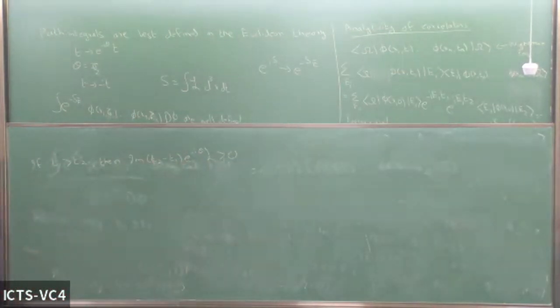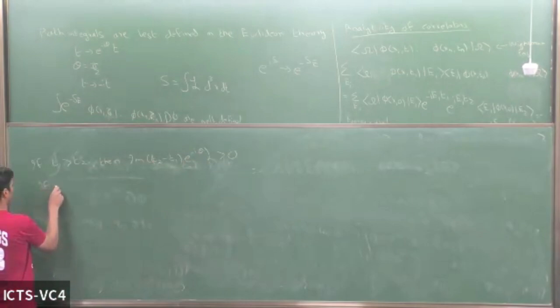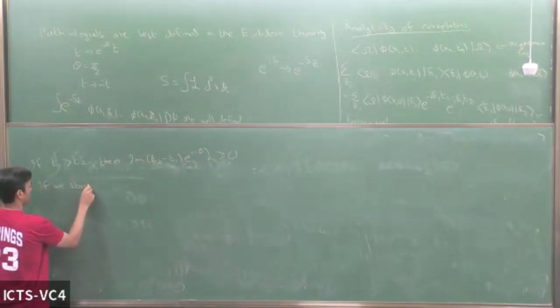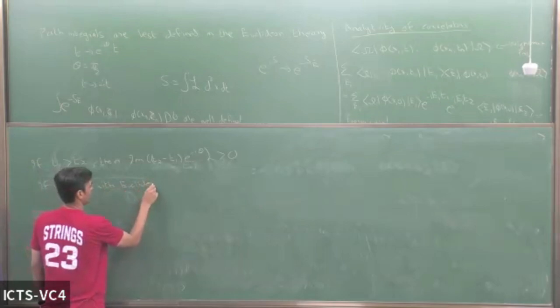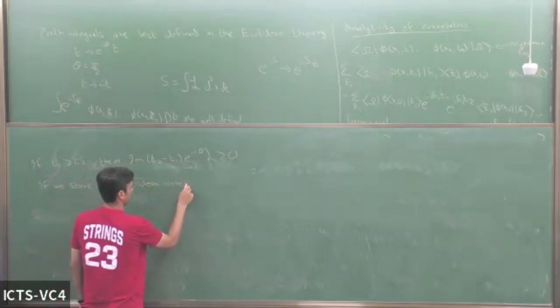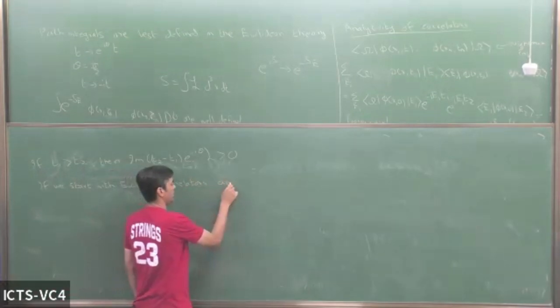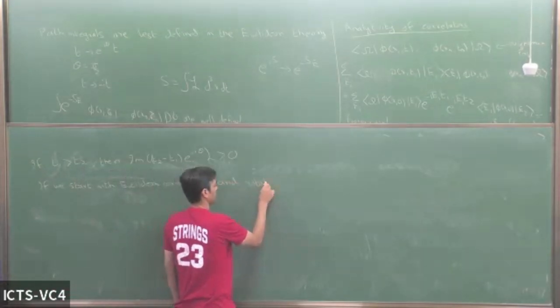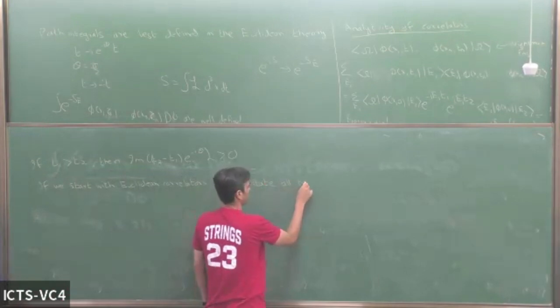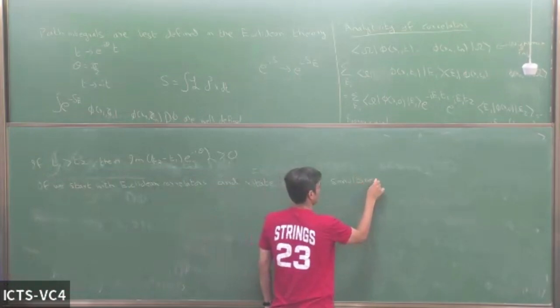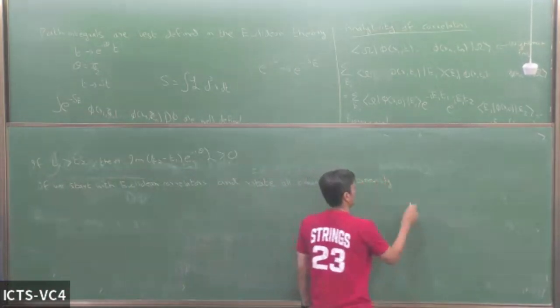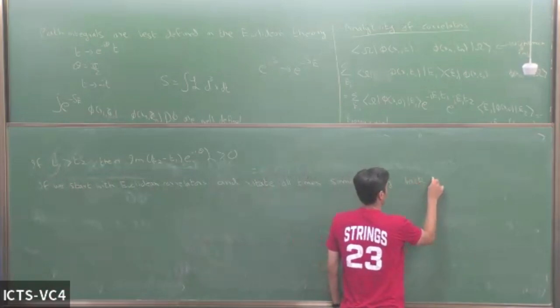Therefore, if you start with these times all in the Euclidean axis, if we start with Euclidean correlators, and rotate all times simultaneously back to theta equal to 0.